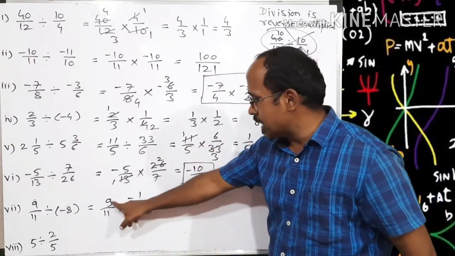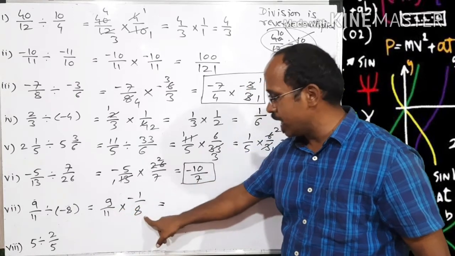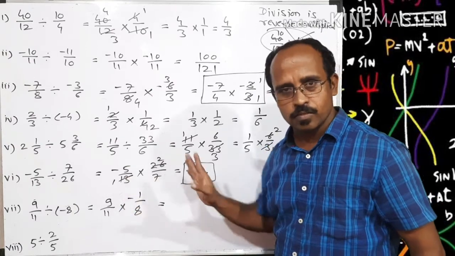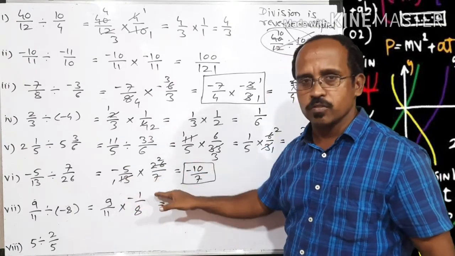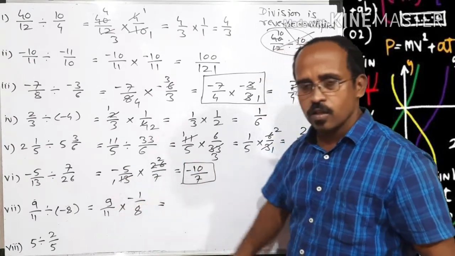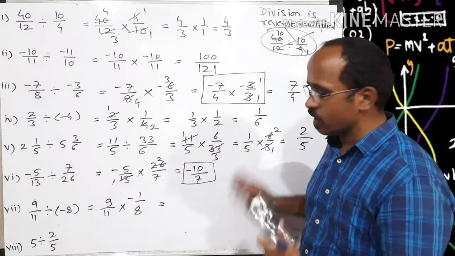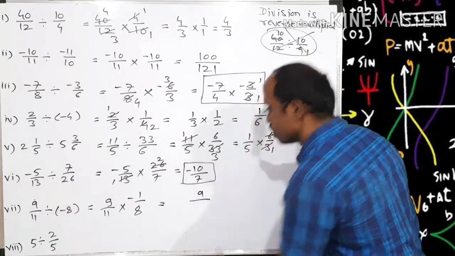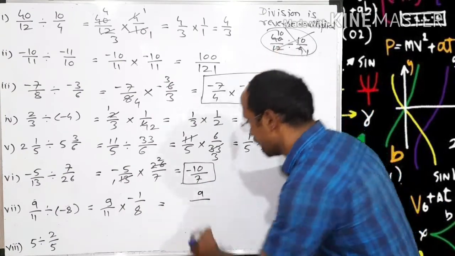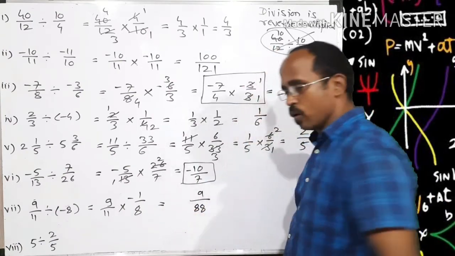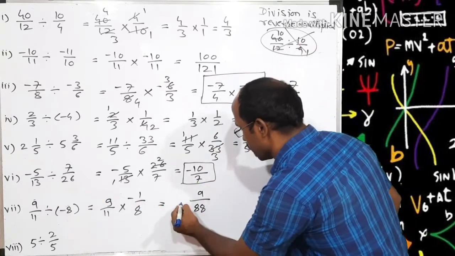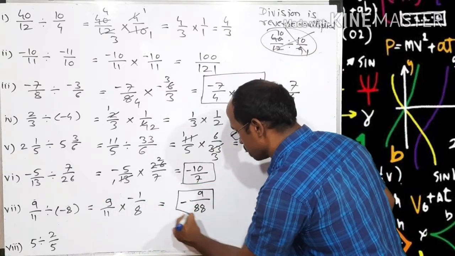Now 9 and 11 both are prime. 8 is divisible by 2 and 4, but there is not any number in the numerator which is divisible by 2 or 4, so we can't divide. So let's multiply directly. 9 into 1, 9, 11 into 8, 88. Okay, now the sign: plus into minus, minus, so minus 9 upon 88 is our answer.